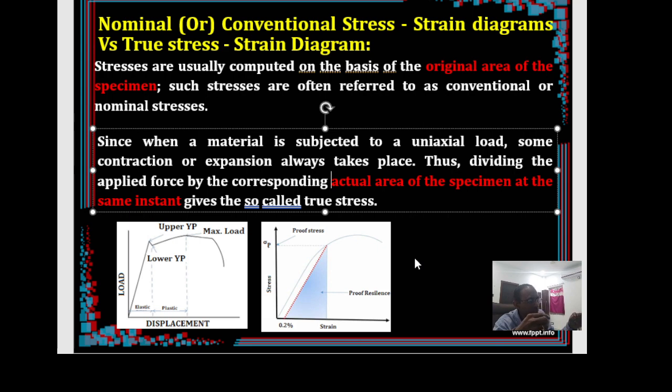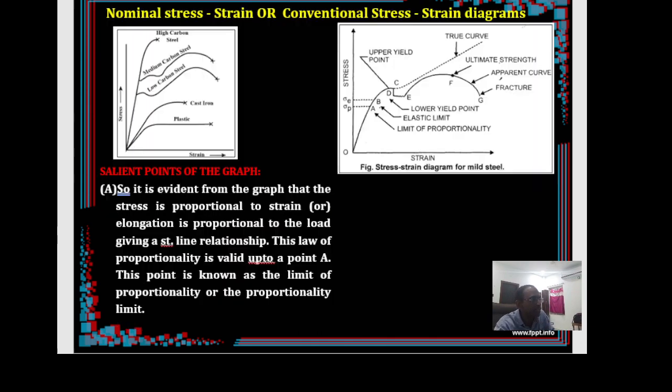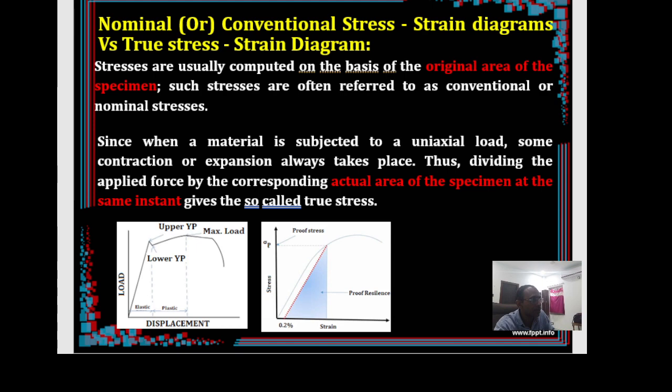So if you take, let's say, a load of 100 newtons applied, at that point there is some reduction in the area. If you take that area and divide the load by the area available at that time, you get the exact stress, the true stress in the material. If you plot all those stress values, you get a true stress strain diagram, right?